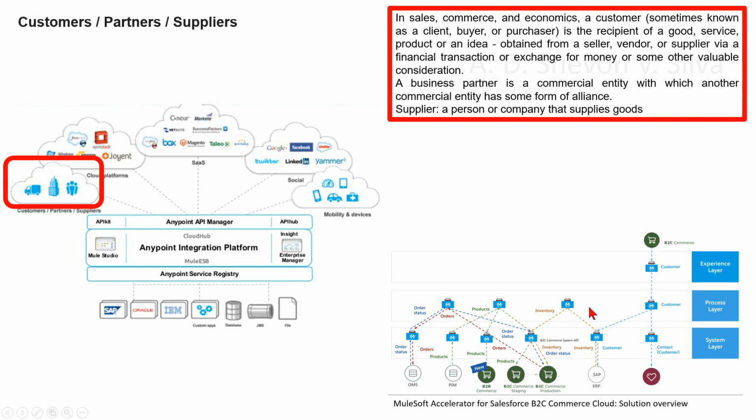The current release supports the following functionality: point 1, fetch inventory updates from SAP system API and publish the records to Anypoint MQ. Point 2, next point, subscribes to inventory updates from Anypoint MQ and propagates updates to B2C commerce.